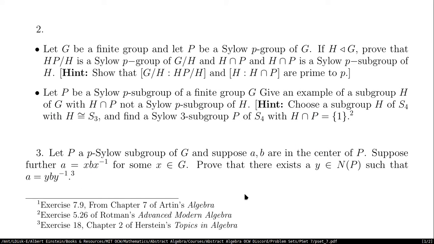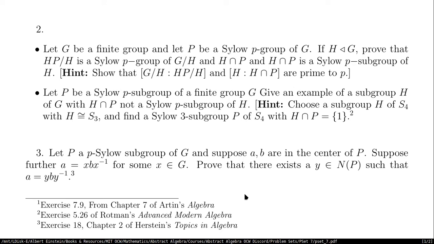Herstein: you have a P Sylow subgroup, and A and B are in the center of P. A is the conjugate of B with respect to some x.